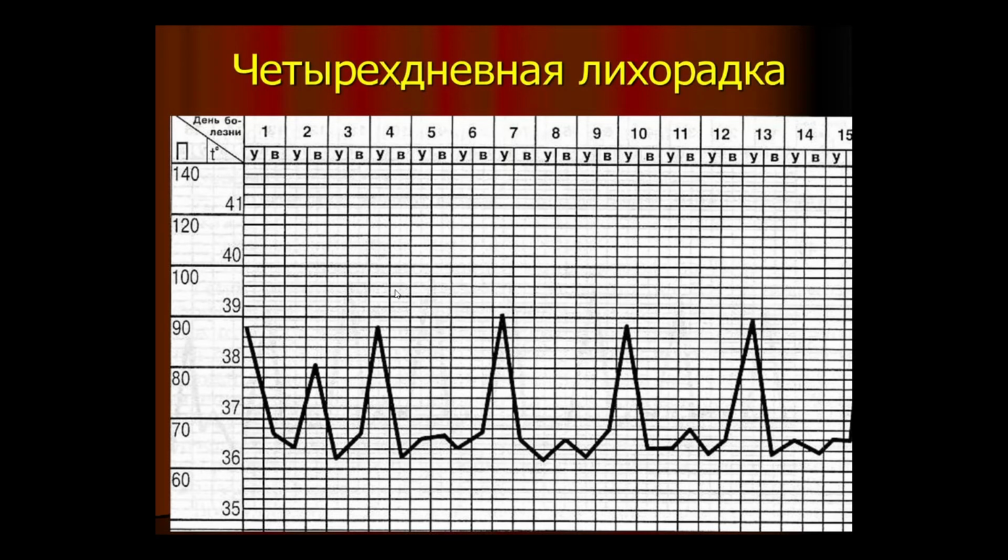So we have the initial period, then a day of temperature, 2 days of absence of temperature, and again a day of temperature, 2 days absent, a day of temperature. Or start, then 24 hours, 48 hours, 72 hours. Each 72 hours we have the next cycle. So a 2-day gap in quartan malaria, a 1-day gap in tertian malaria.